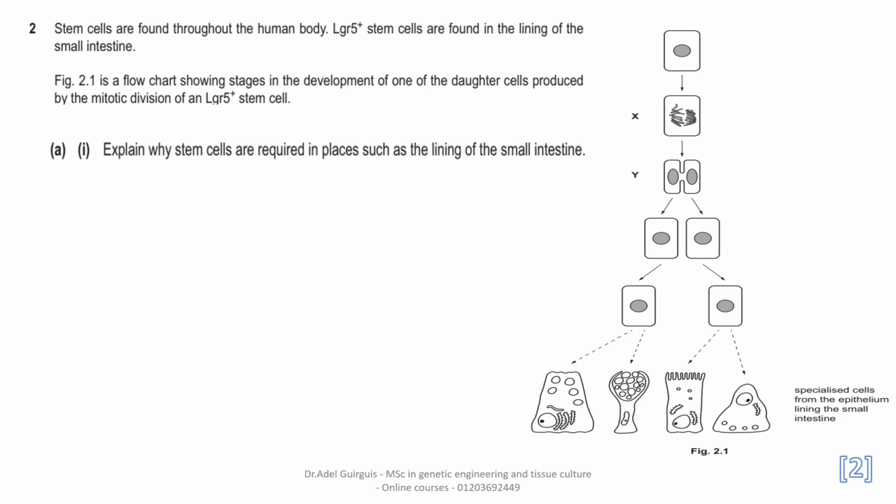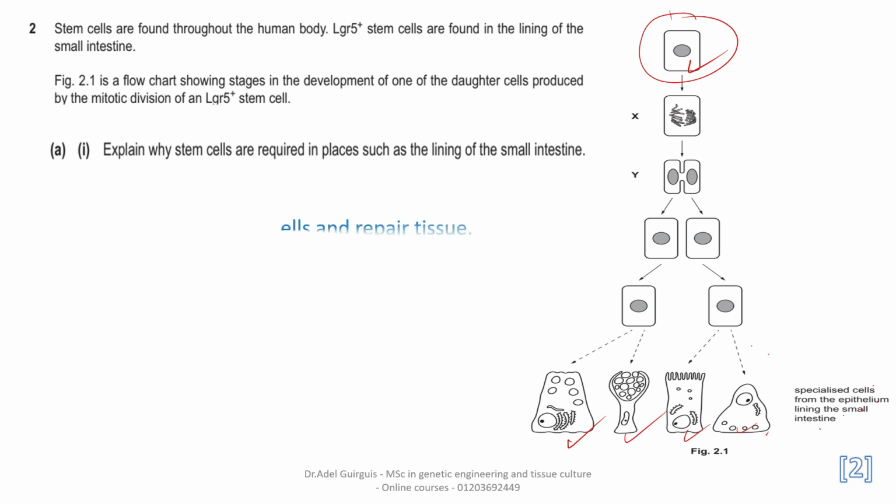Here is the answer now: the stem cells do mitosis in certain stages to become specialized, like these 4 cell types. Specialized cells form the epithelium lining the small intestine, from where? From unspecialized cells called stem cells, LGR5+.